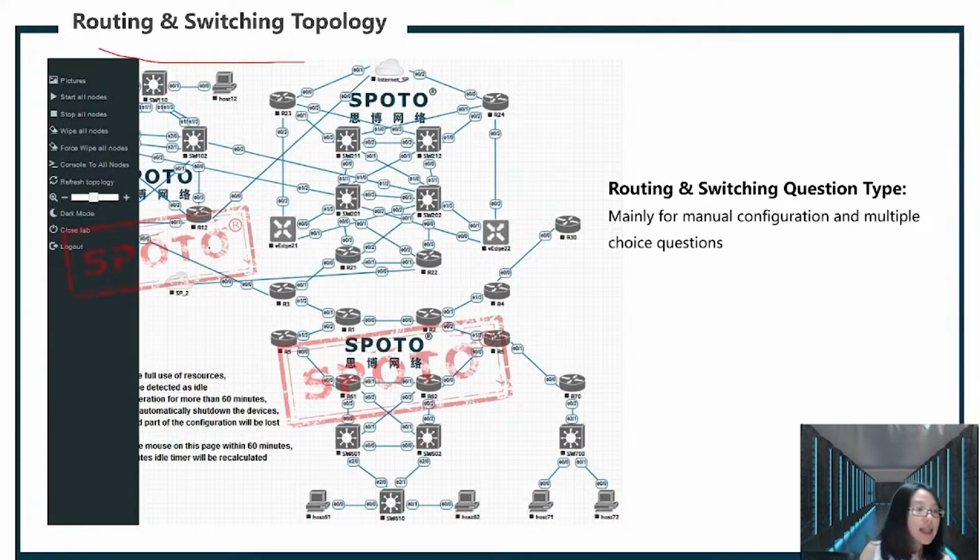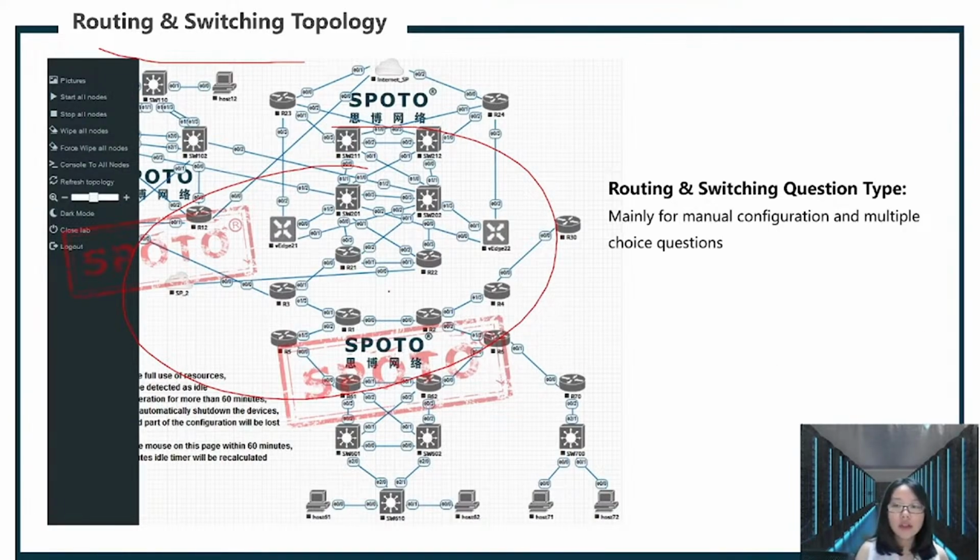You can see this is the routing and switching topology, which requires us to accurately ensure that the phenomenon of each requirement can occur normally. If there is a problem with the routing and switching part, it will directly affect the SDN module.